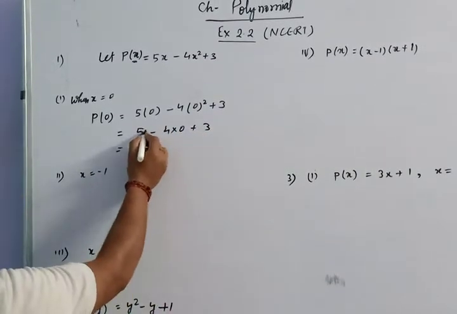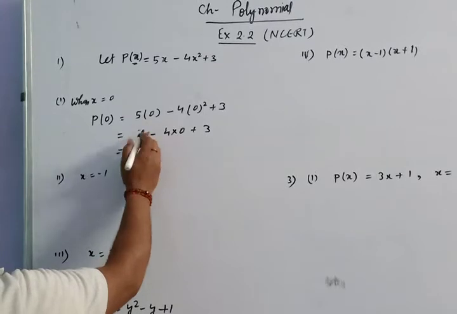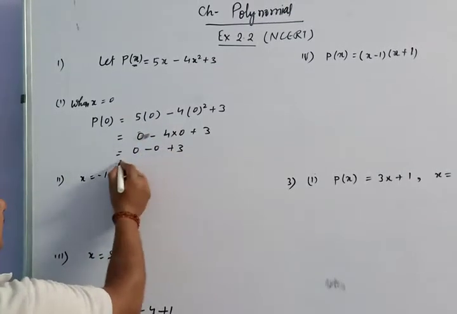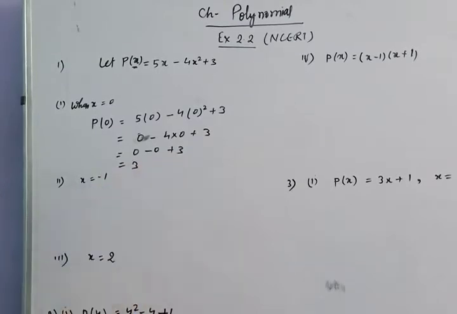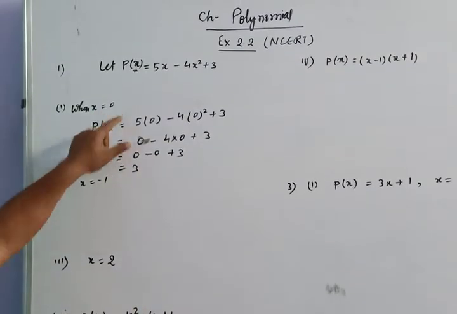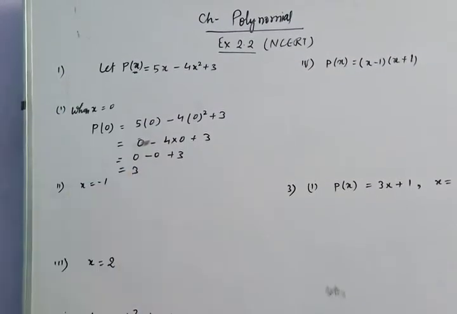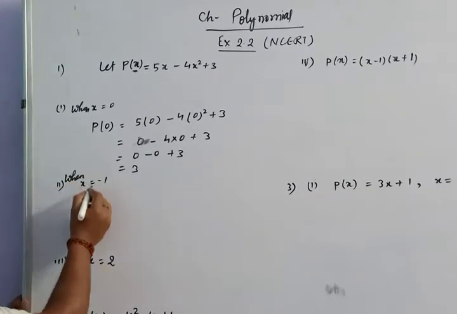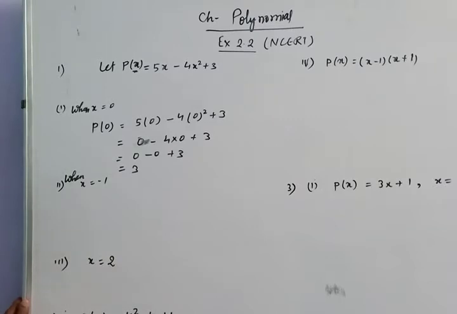That will give the value of the polynomial at 0. Means here will be 5 times 0, which is 0, 0 minus 0 plus 3. So the answer will be 3. Means when x is equal to 0, the polynomial will be 3. In the next part, when x is equal to -1, what will be the value of this polynomial?